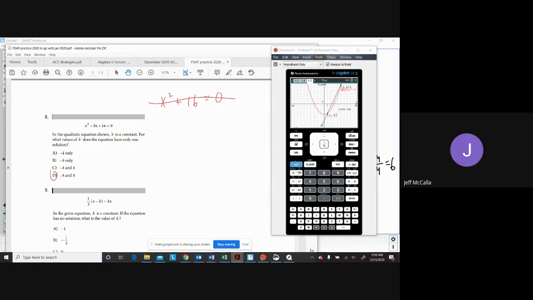That would be 1/3 times x minus 0, because we're doing 0 for k, equals 0 times x. So we get 1/3 x on the left, equals 0 times x, which is 0.